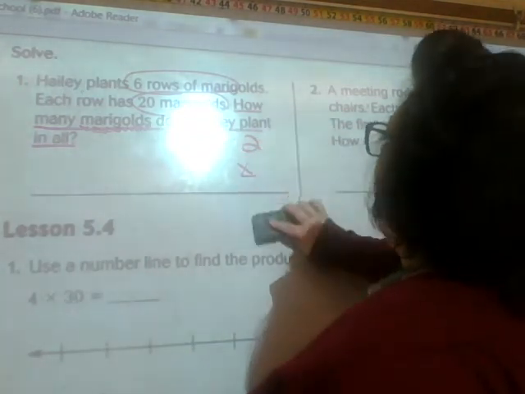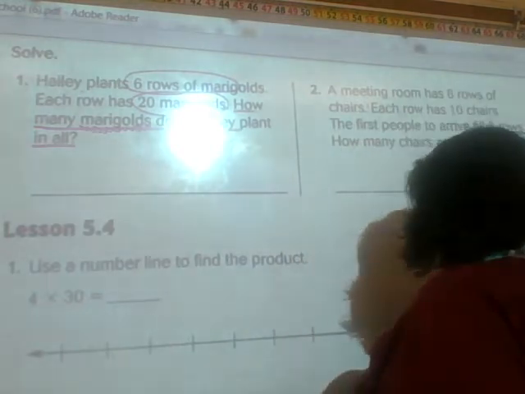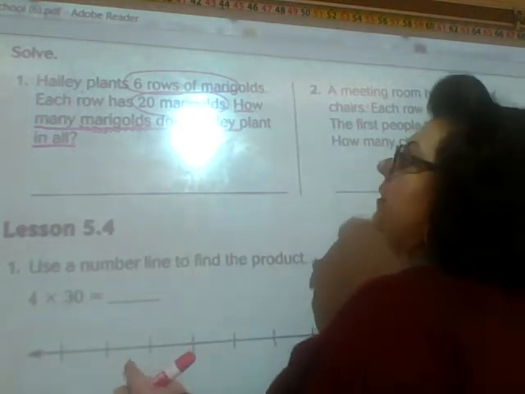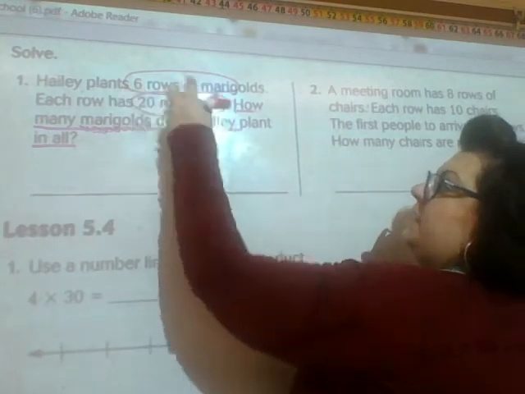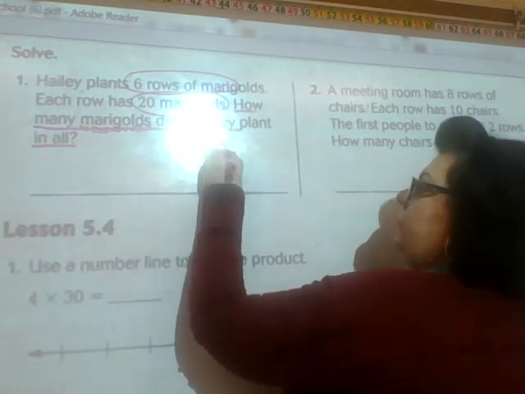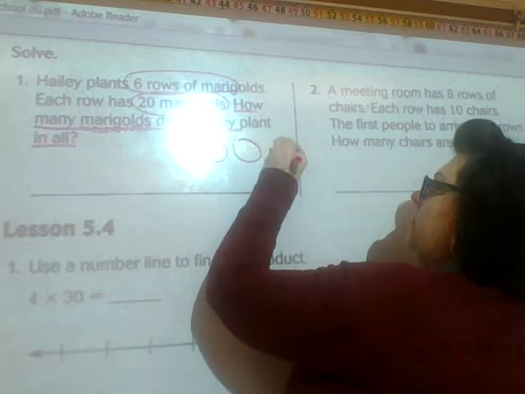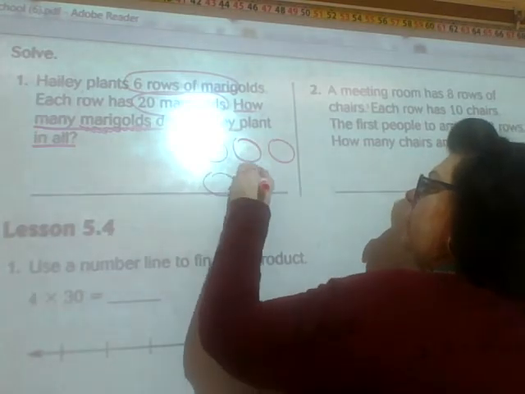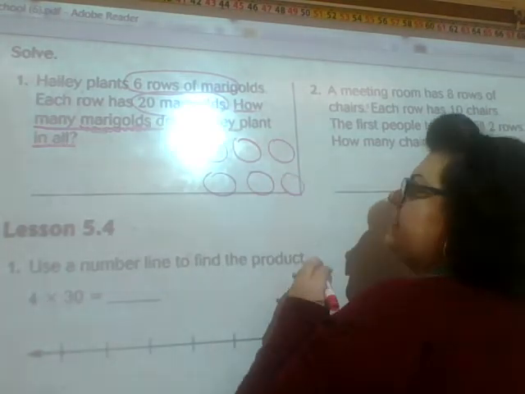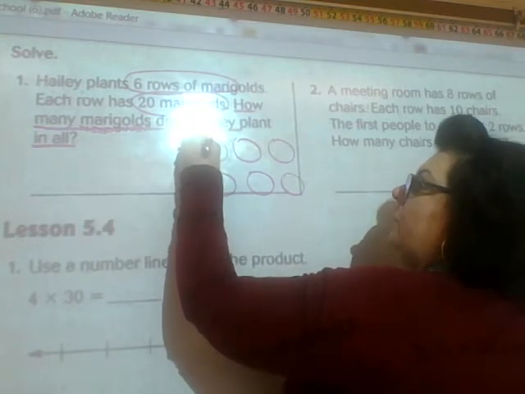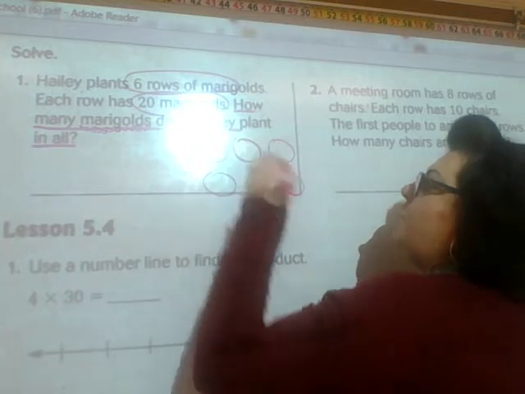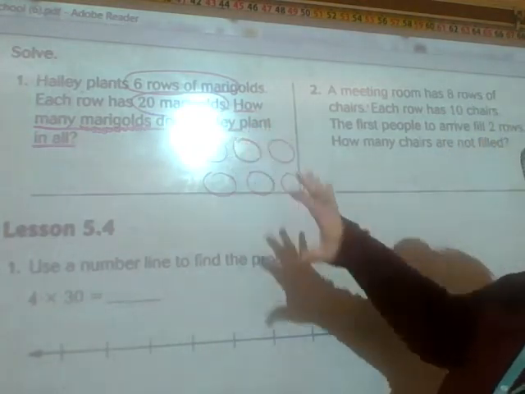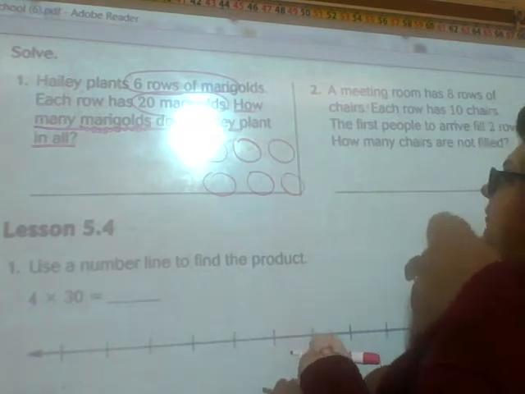Another way we've learned to figure out the problem is we could draw 6 groups, 1, 2, 3, 4, 5, 6, and put 20 in each of these groups and count it all up.